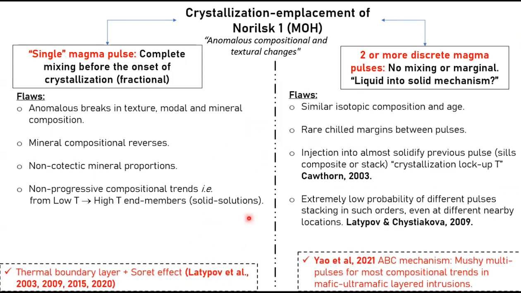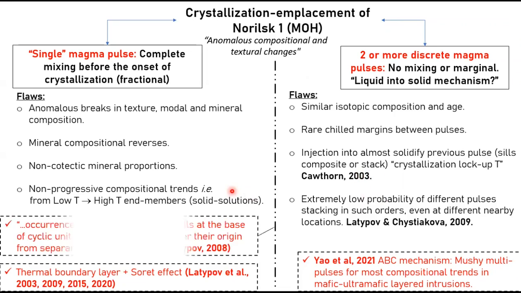So Latypov has been trying to defend this hypothesis since 2003 by invoking a mechanism of thermal boundary layer and the Soret effect. And more recently, Yao and others have proposed an assimilation batch crystallization mechanism to explain most of the compositional trends in mafic, ultramafic layered intrusions.